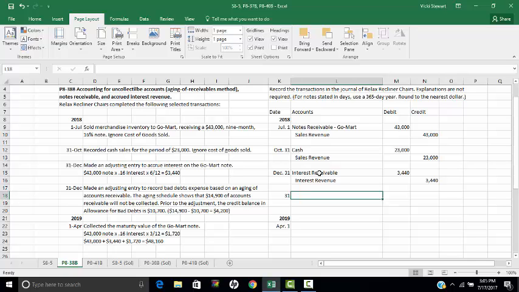On December 31st, it also states that we made an adjusting entry to record bad debts expense based on an aging of accounts receivable. The aging schedule shows that $14,900 of accounts receivable will not be collected. Prior to the adjustment, the credit balance in allowance for bad debts is $10,700.